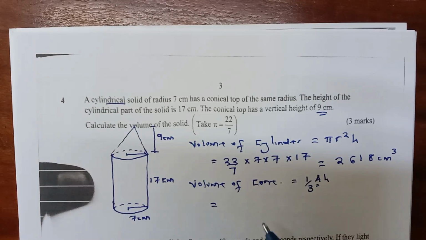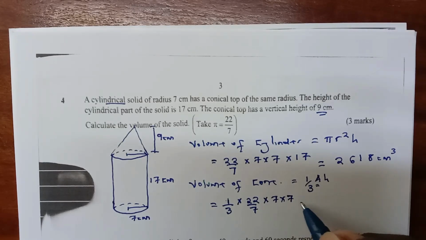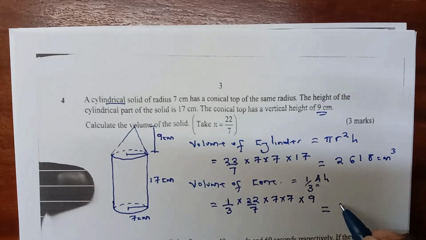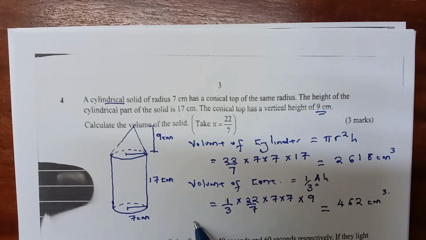So this one becomes a third times pi r squared, 22/7 times radius squared, then multiplied by the height, which is 9. You insert this one in your calculator and you end up with 462 cubic centimeters.